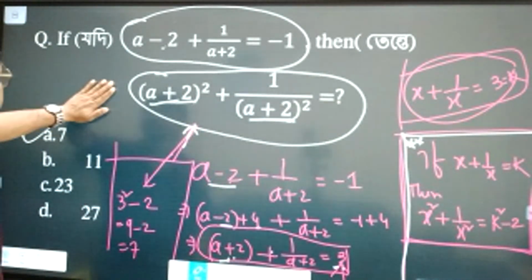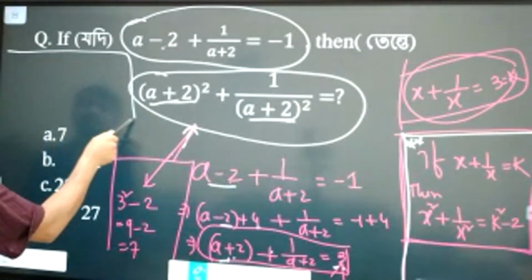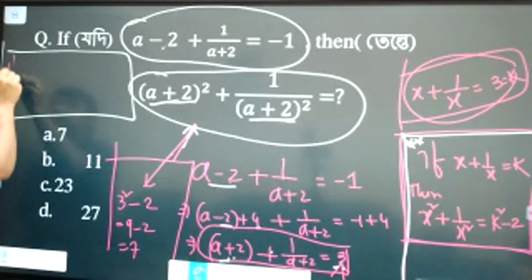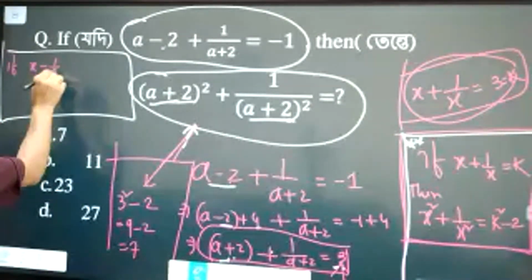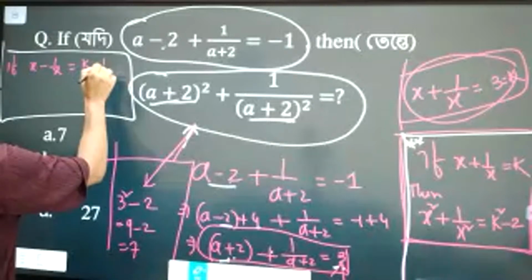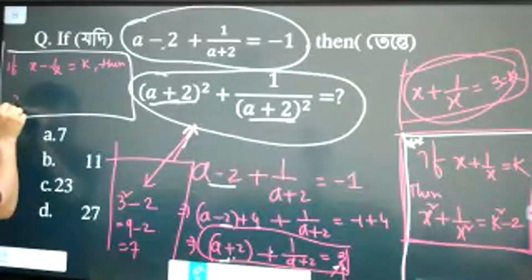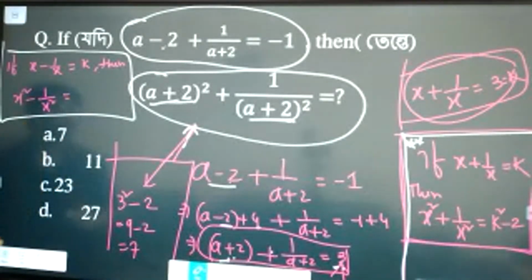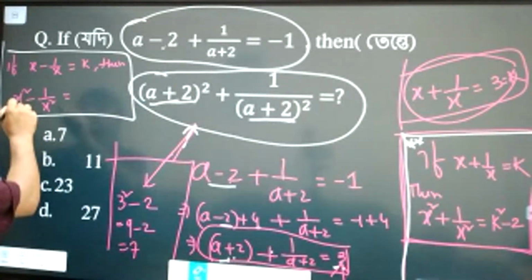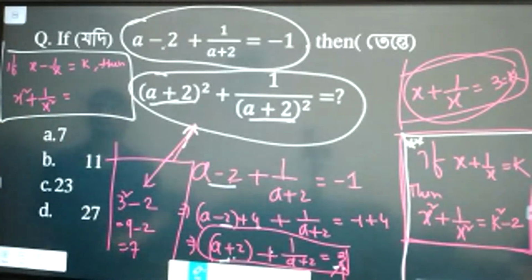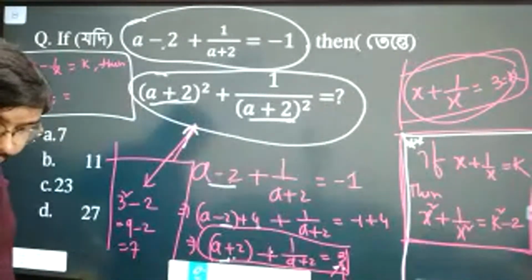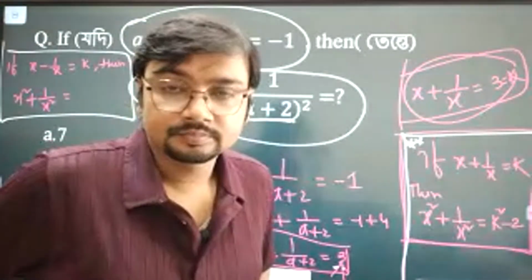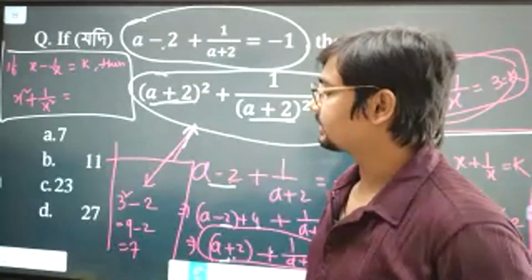And similarly another formula I will write here, you just try to remember this formula. If x minus 1 upon x equal to k, then x square plus 1 upon x square, what will be this value, guys?